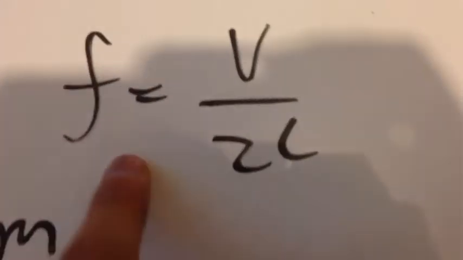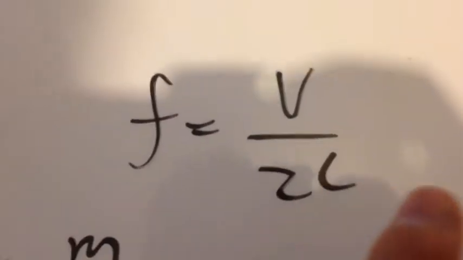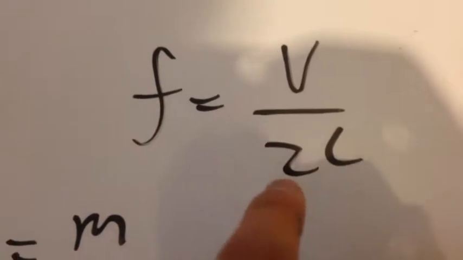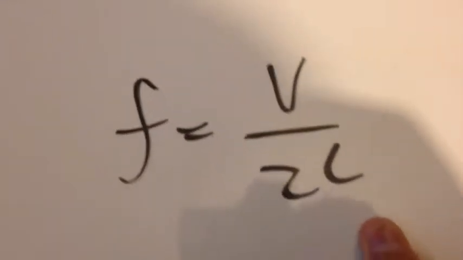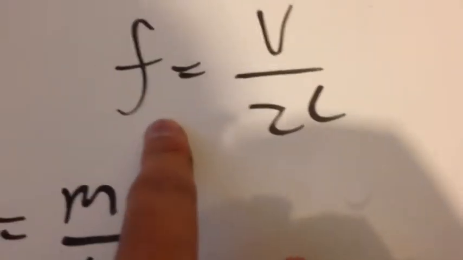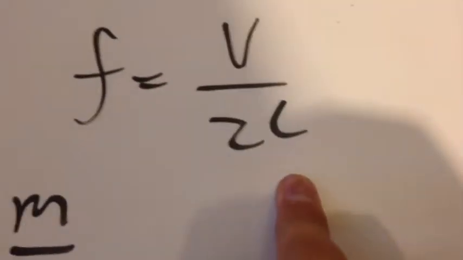For this, we also have the formula frequency equals velocity over 2 times the length. We already have these values of frequency, which is 220, and length, which is 0.70 meters.